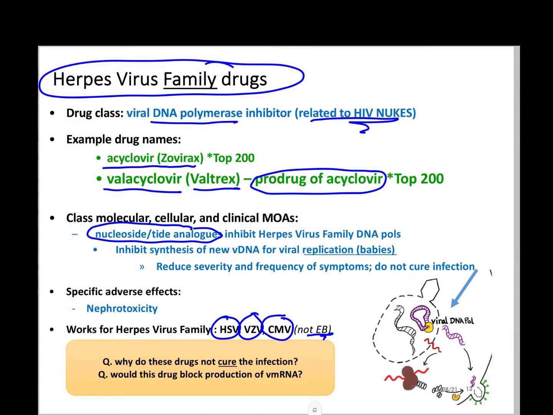So as nucleoside-nucleotide analogs become incorporated into growing viral DNA, they're going to chain terminate that synthesis. So we're not going to be able to synthesize new viral DNA, so you do not have viral replication. Again, if all this drug is doing is blocking replication, then it's only going to be acting on virus that's actively replicating. It's not going to do anything to latent virus that's just sitting there. We do have a specific adverse effect for acyclovir and valcyclovir, and that is a potential for nephrotoxicity.